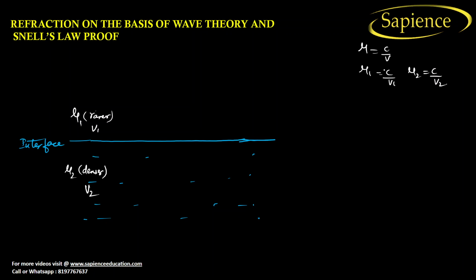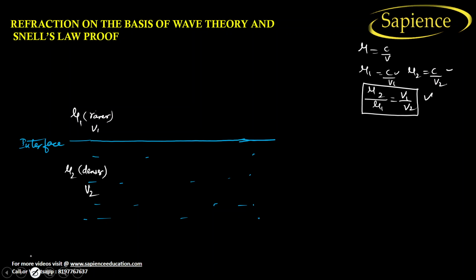Now when we divide, we can get mu2 divided by mu1. Both are inversely proportional to the velocity, but both have a common c. So what we will get is mu2 by mu1 equal to v1 by v2. So this is one of the things we should consider, right? I hope you have understood.